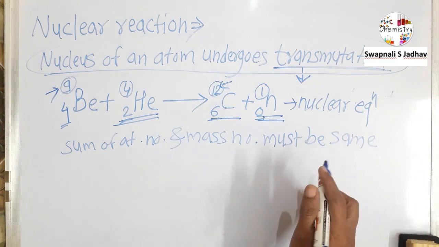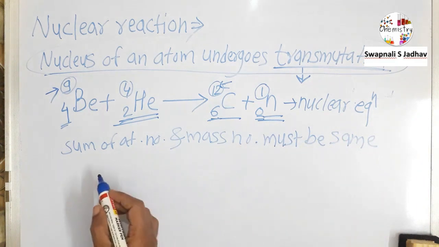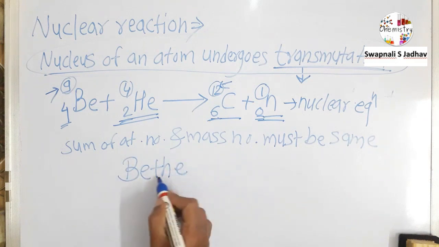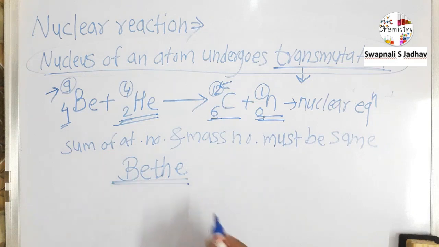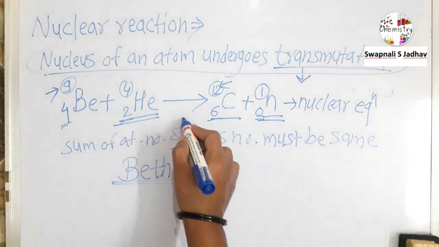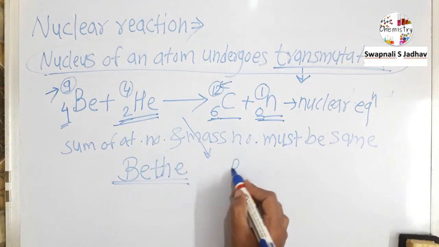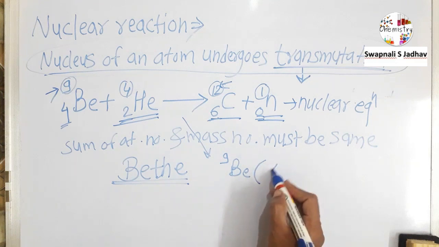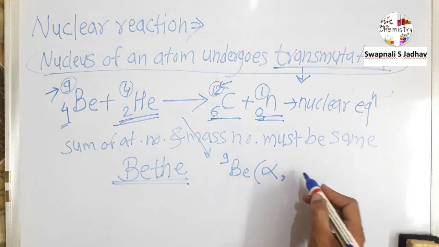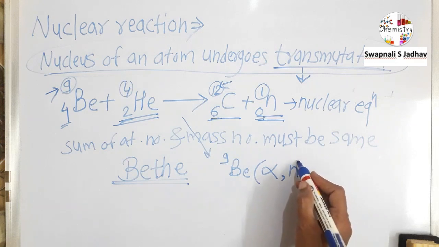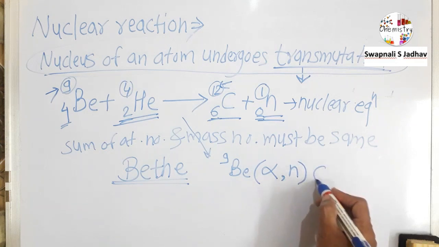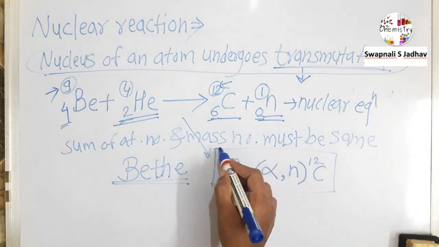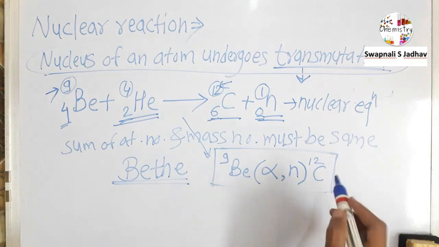This nuclear reaction can be represented in abbreviated notation by the scientist Bethe: beryllium 9, in brackets alpha comma neutron, then carbon 12.